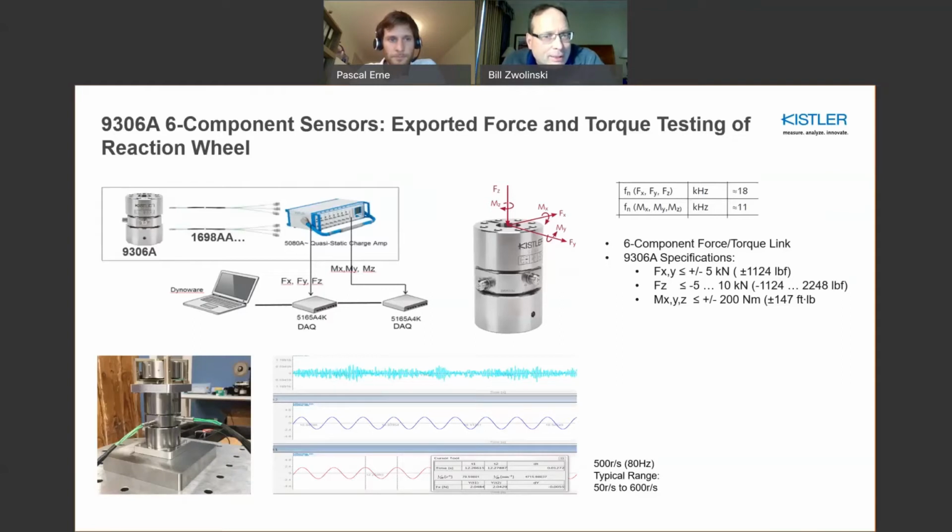So it does no calculation, and it's been used for sure for the smaller CubeSats to characterize the exported force and moment, much like what you saw in the full dynamometer test on the other slide.